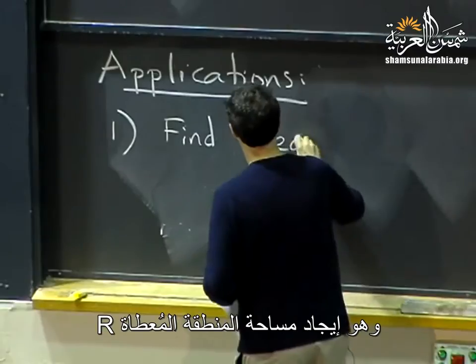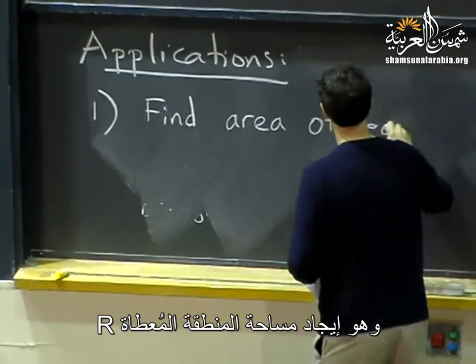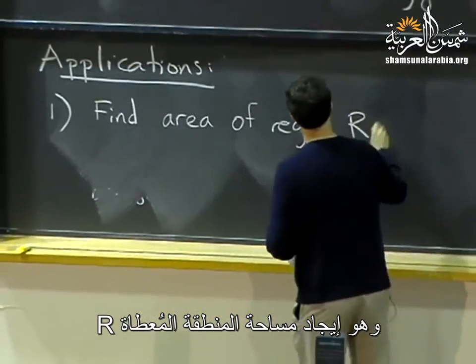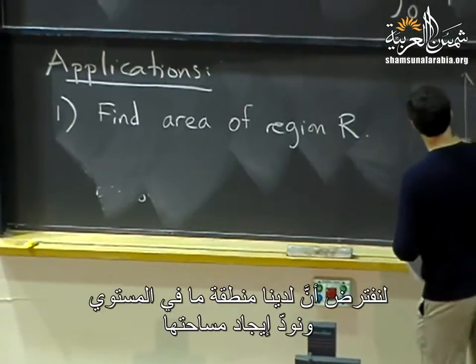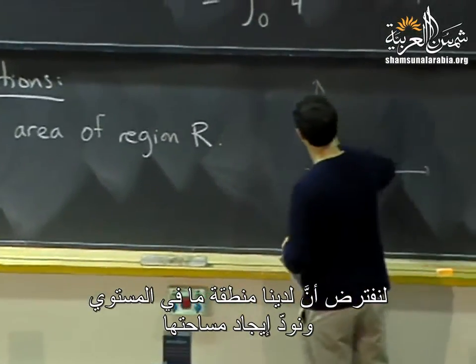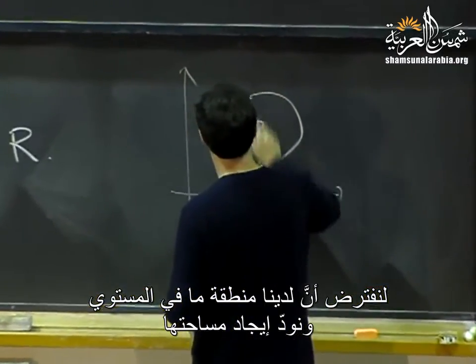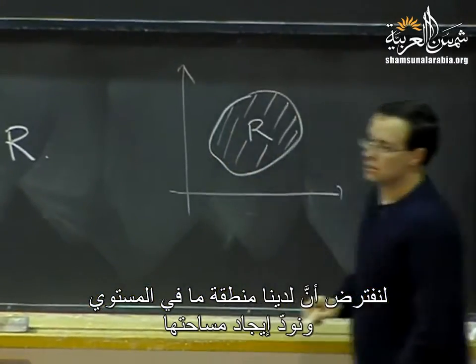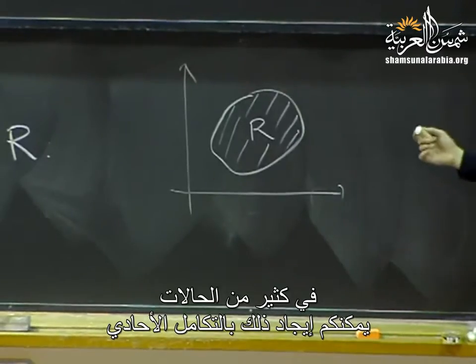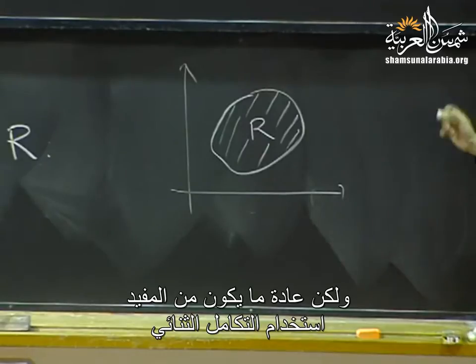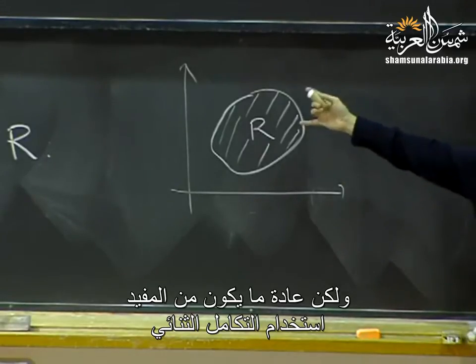It's to find the area of a given region R. Okay, so I give you some region in the plane, and you want to know just its area. In various cases, you could set this up as a single integral, but often it could be useful to set it up as a double integral.